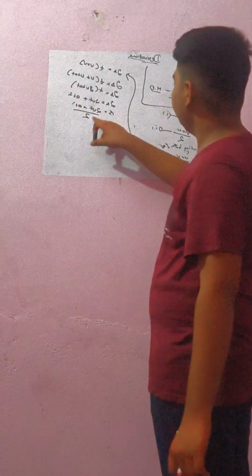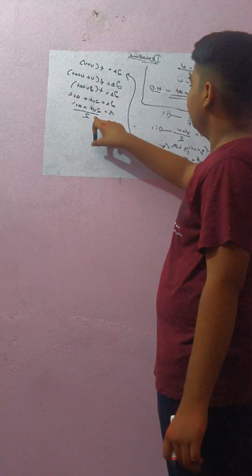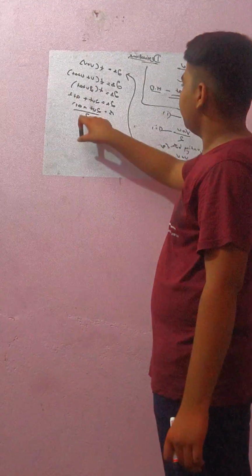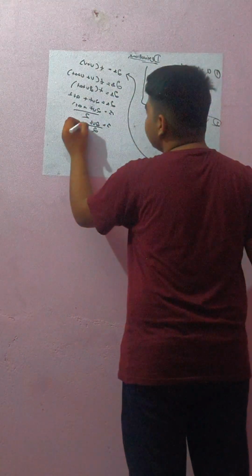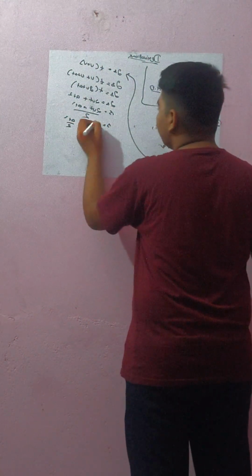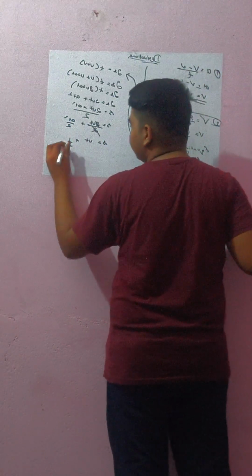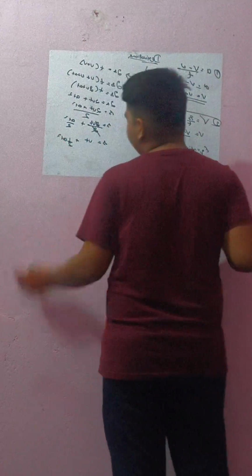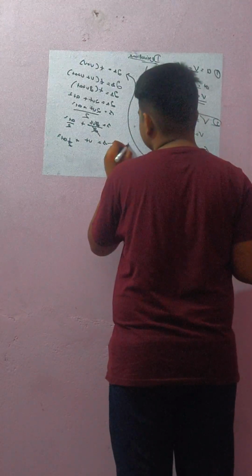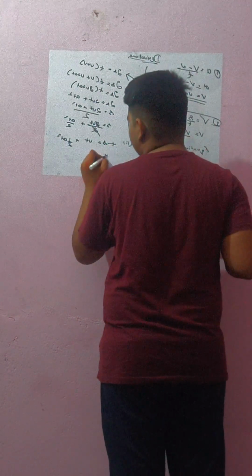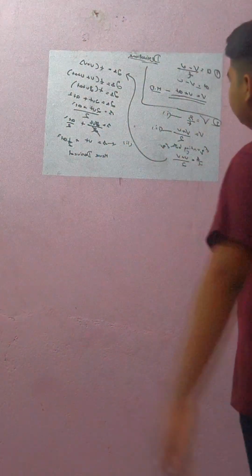We know 2 is a part of both terms, 2ut and at square. So we can write 2ut upon 2 plus at square upon 2. 2 cancels 2, so s equals ut plus half at square. This is the second equation of motion. Hence derived.